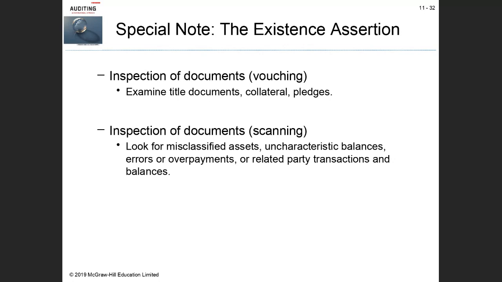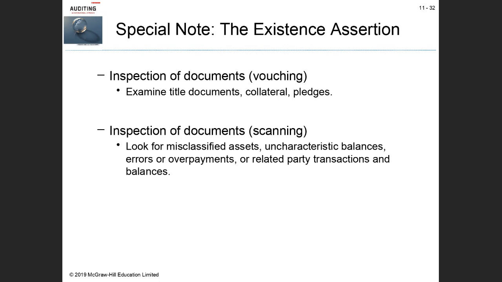In addition, of course, it mentions when you're inspecting documents, it talks about scanning. So remember, scanning is just a high-level review, basically. So high-level review, if we're looking at accounts receivable, we might say, are any of those accounts receivable due from related parties? Because we know amounts due from related parties must be separately disclosed under IFRS in the financial statement.